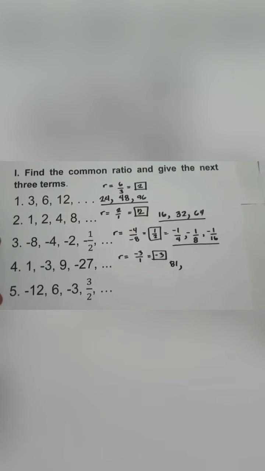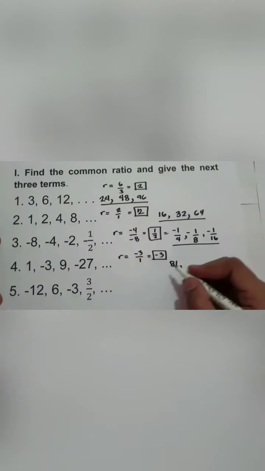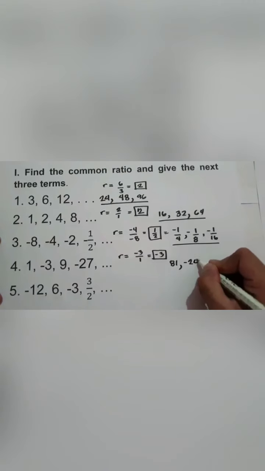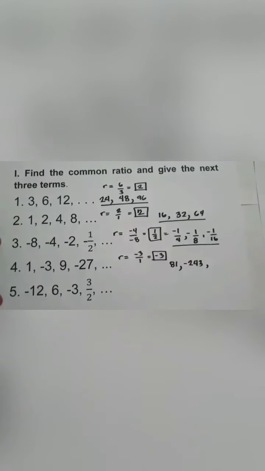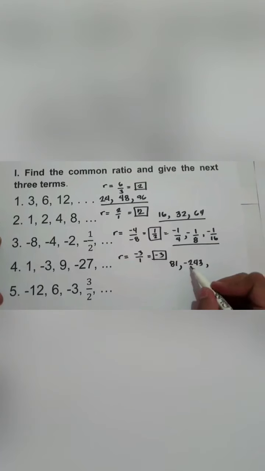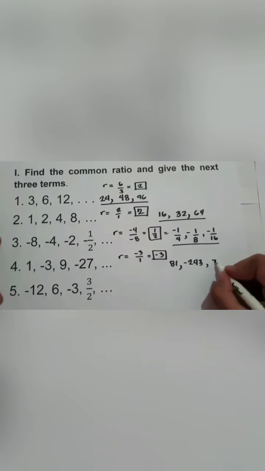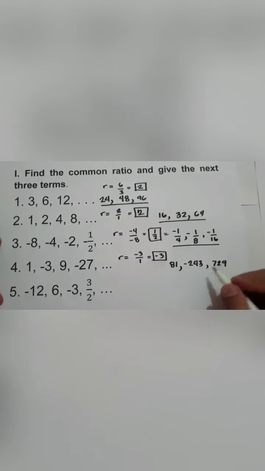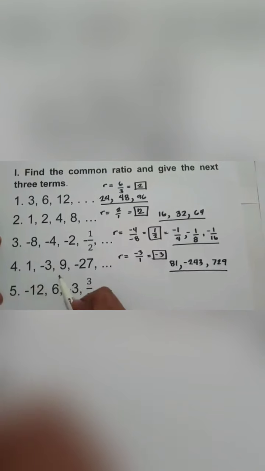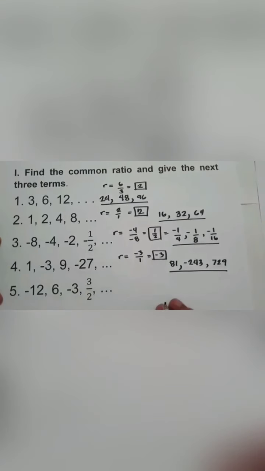Positive 81 multiplied by negative 3 is negative 243. Then negative 243 times negative 3 is 729. So these are the next three terms of the sequence 1, negative 3, 9, negative 27.